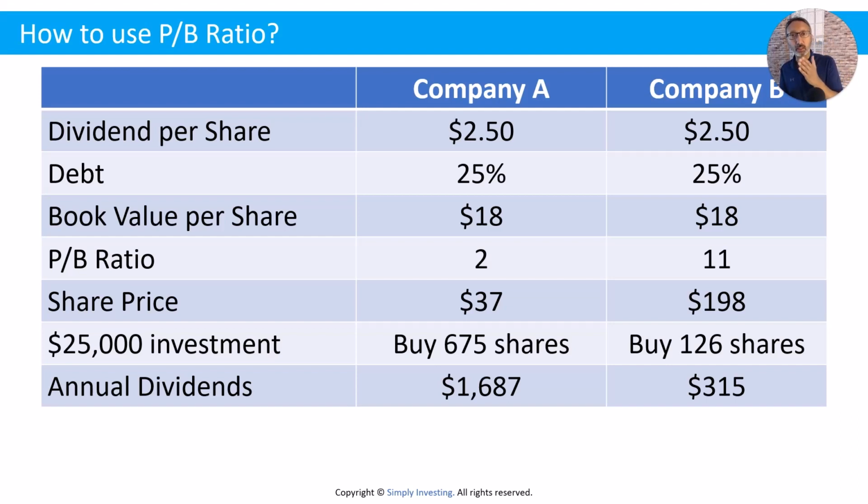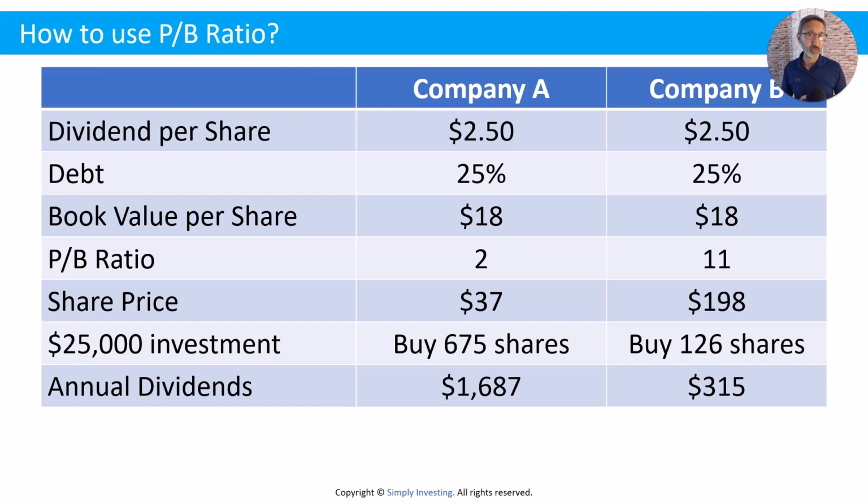Because the shares in company B are trading closer to their book value per share, whereas company B is way more expensive. And because it's way more expensive, you're only going to be able to afford less shares. And because you have less shares in company B, you are going to receive less dividends in company B.